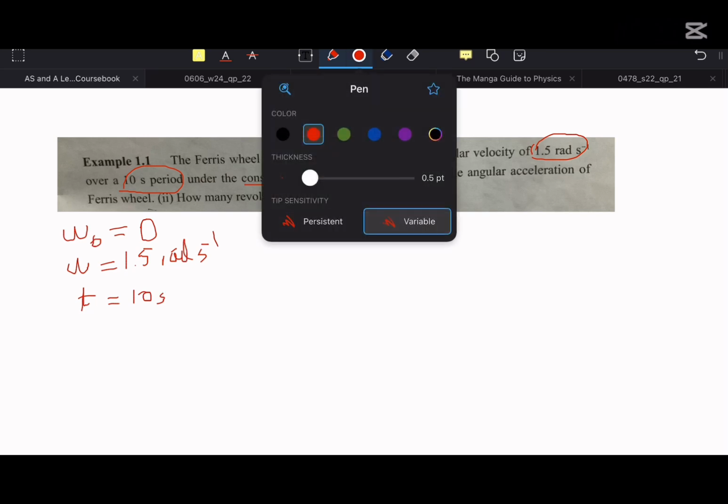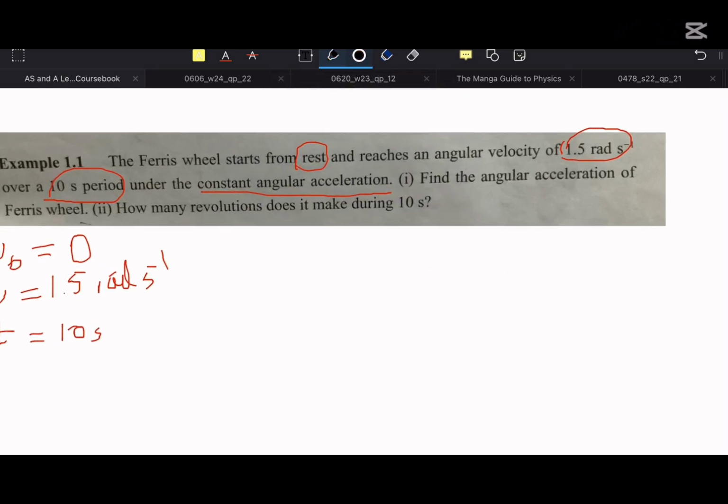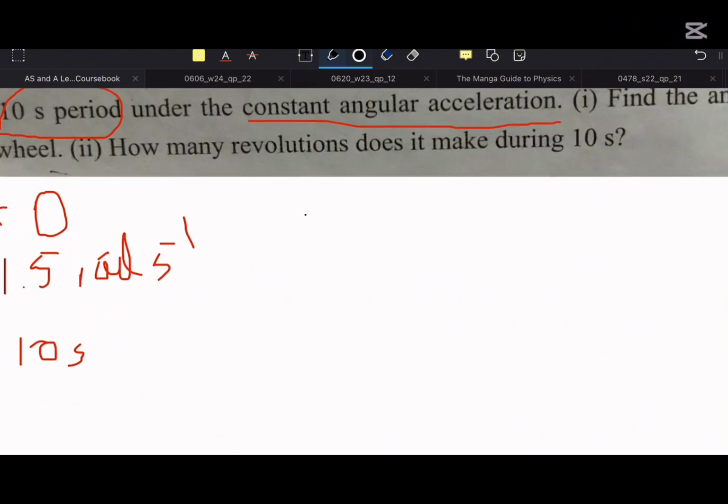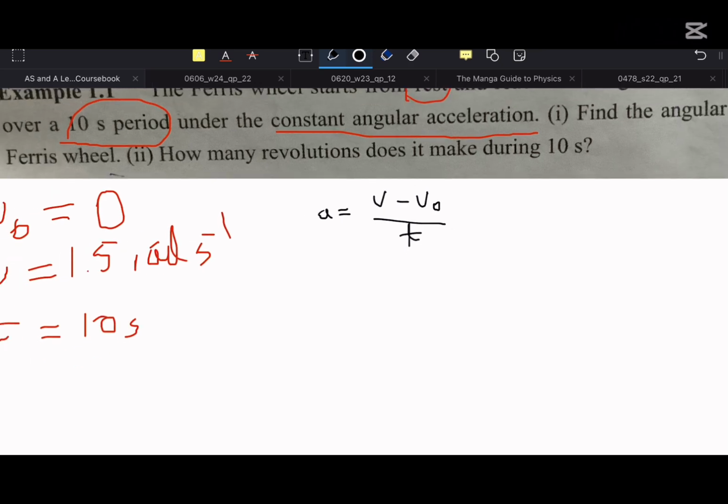Okay, so let's do that. I'll just use the normal acceleration equation from the linear equation. The acceleration is v minus v initial over t, or you could say it's delta v by delta t.